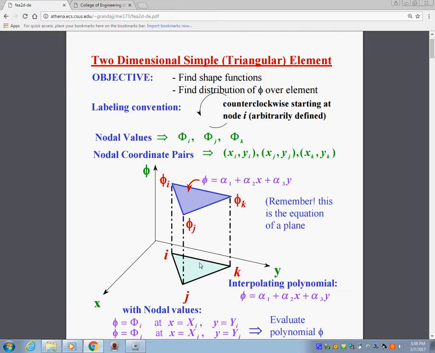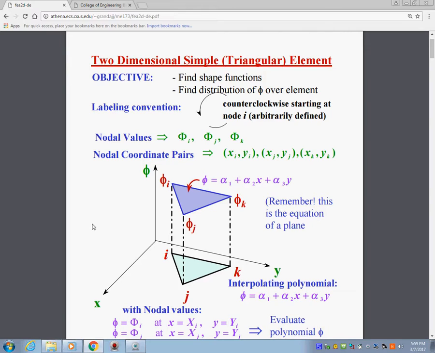So the green triangle here is the finite element, a two-dimensional triangular element. And the blue triangle that you see above is the solution phi. The solution phi obviously is a projection of the element. It's also a triangle and it's also a plane.